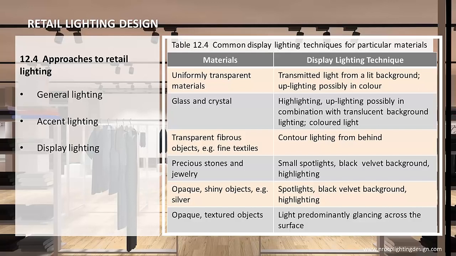For precious stones and jewelry, the technique is small spotlights with a black velvet background. For opaque shining objects, for example silver, the technique is spotlights, a black velvet background, and highlighting. And for opaque textured objects, the technique is to light predominantly glancing across the surface.